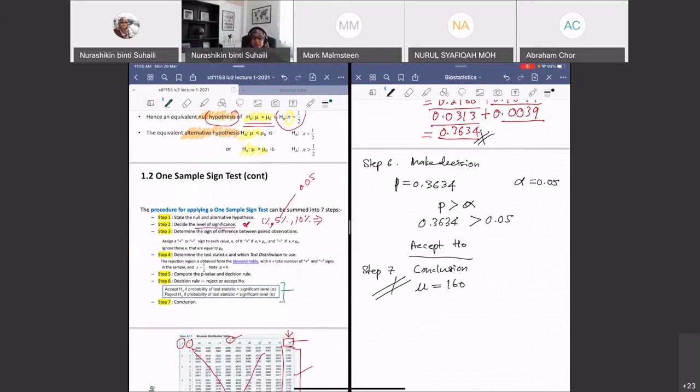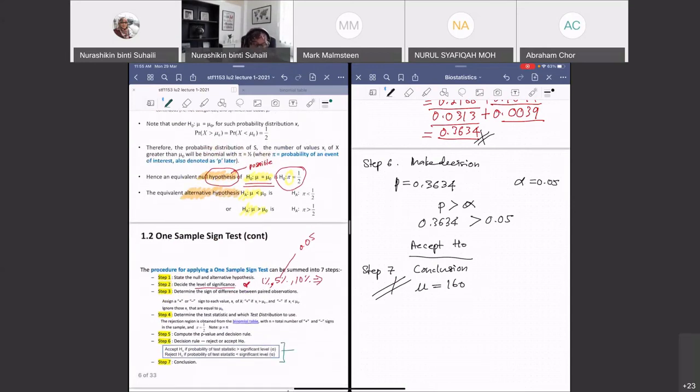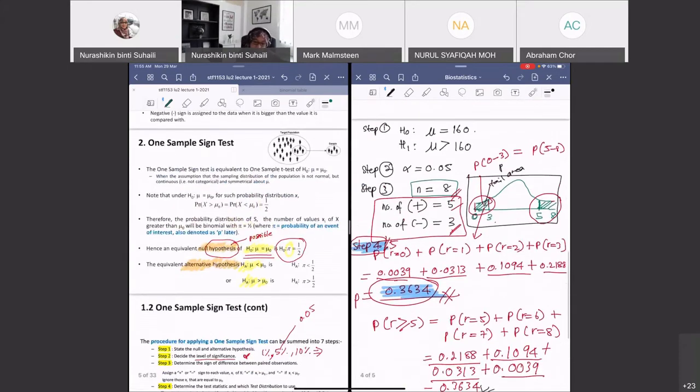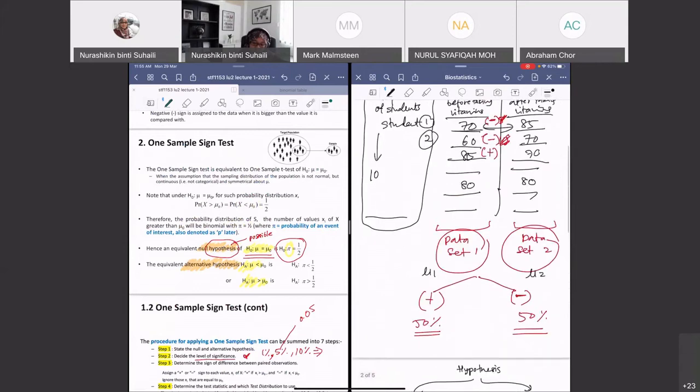I don't know what the foundation of this is, but as I said, it's about making a comparison, and we want to know whether in general there is a difference or not. So that's why we ignore those points or data that do not have a difference.